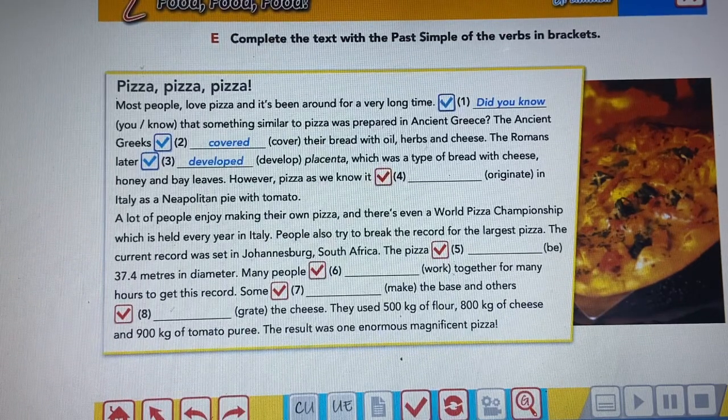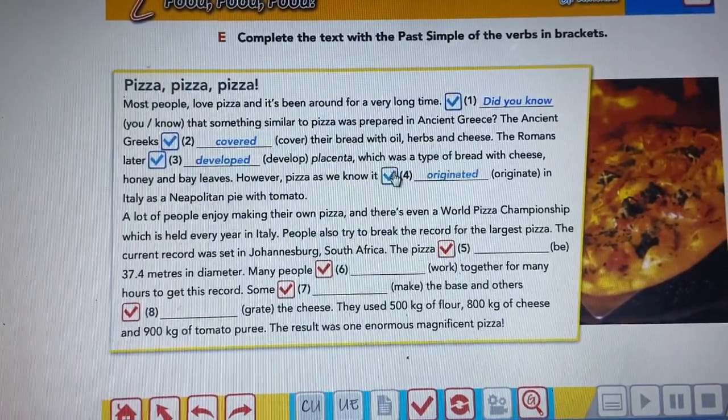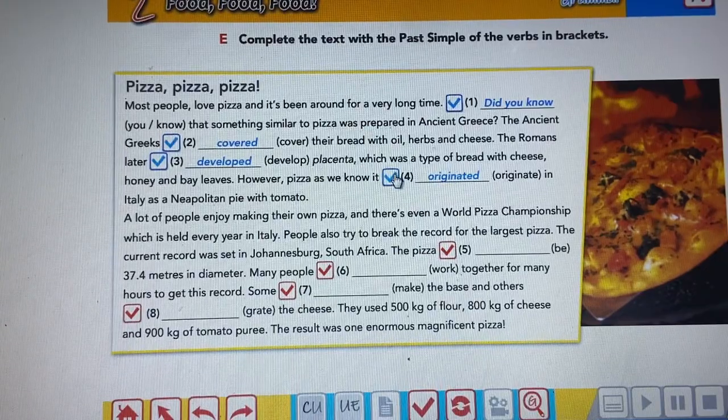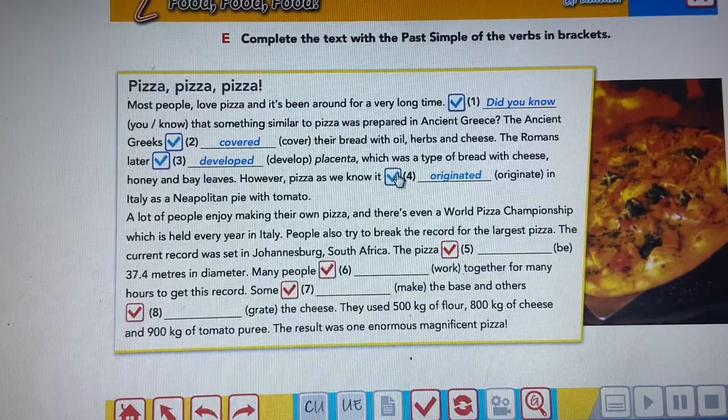However, pizza as we know it originated in Italy as a Neapolitan pie with tomato.